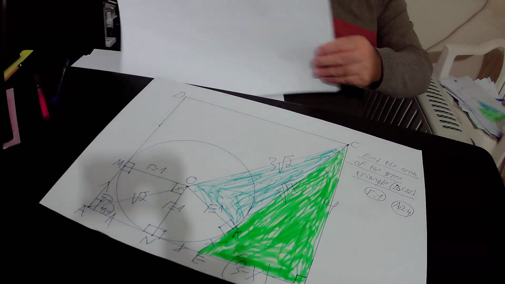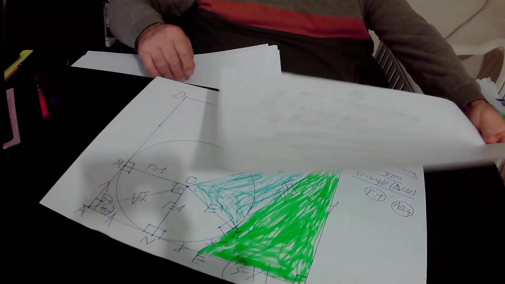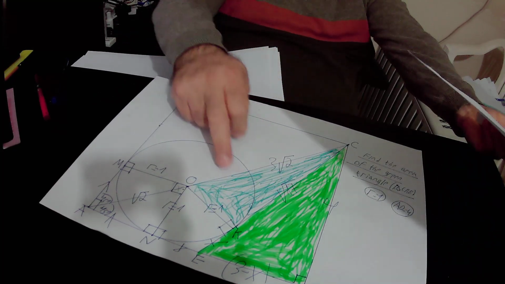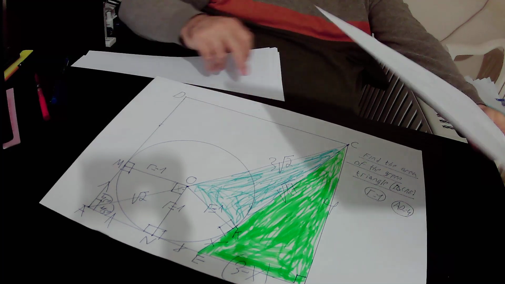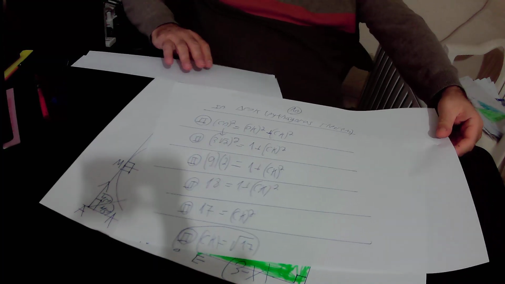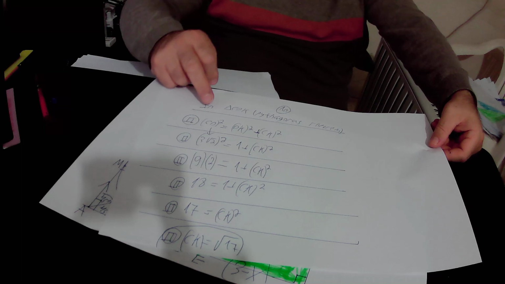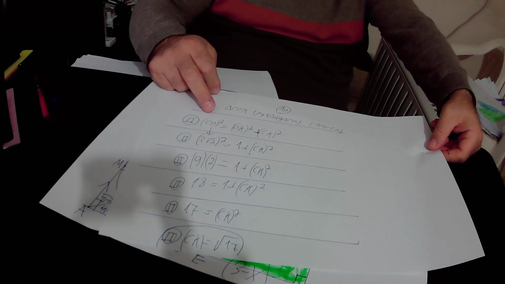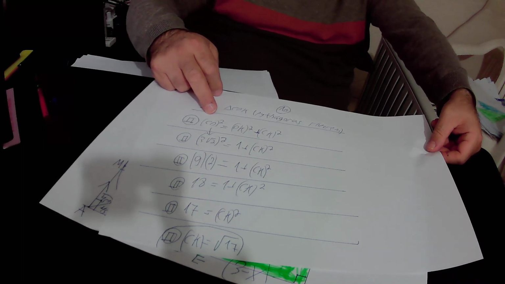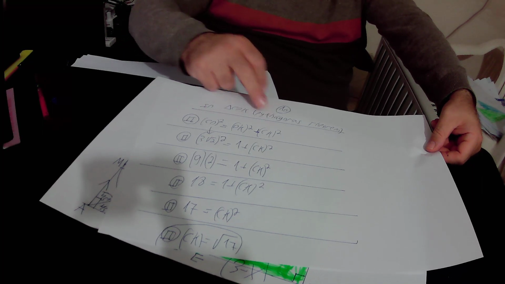And then we focused on the right triangle, triangle COK. According to the Pythagoras theorem, the square of the hypotenuse equals the sum of the squares of the perpendiculars. The hypotenuse is CO, so CO square equals OK square plus CK square.